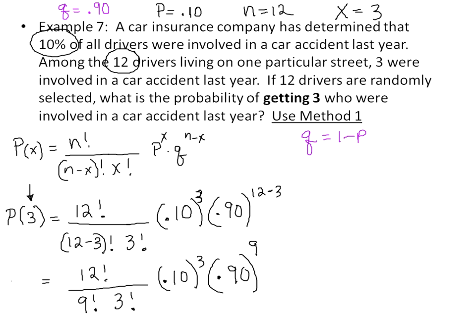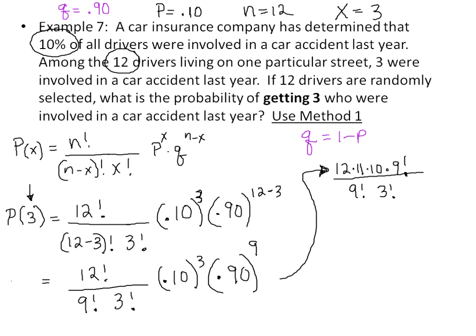Still, I think we can simplify this a little bit more before we actually put it on the calculator. Do you see 12 factorial over 9 factorial? So 12 factorial is 12 times 11 times 10 times 9, but I'm just going to put 9 factorial because that'll represent everything below 9. And then look what happens here.